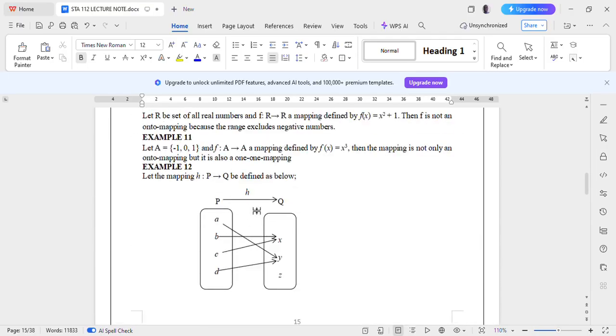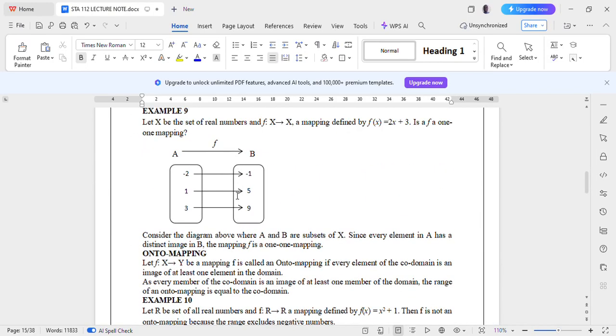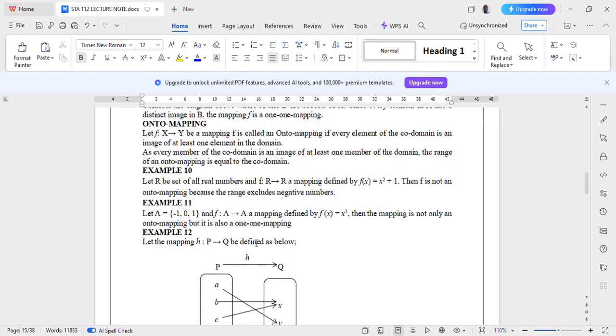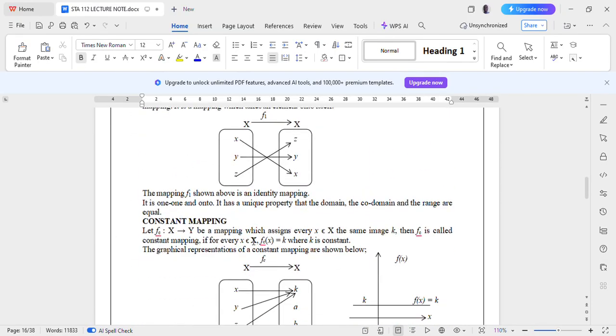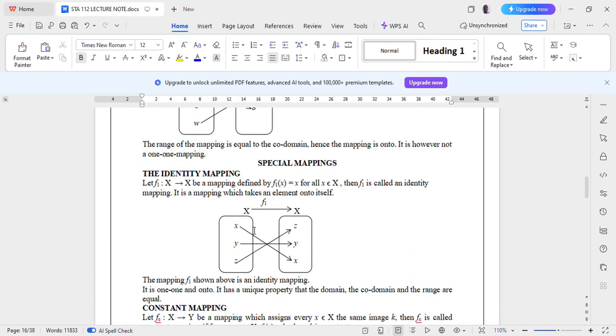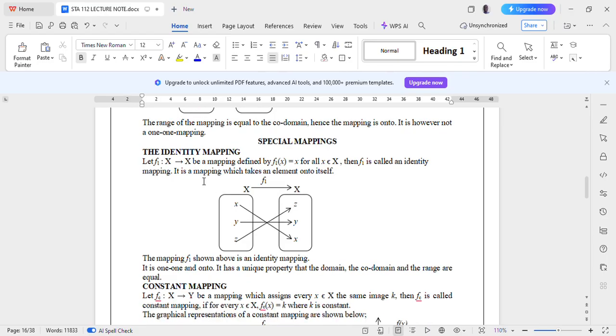This is an example of one-to-one. One element in the domain picks its own image in the codomain. Now the identity mapping. The identity mapping is the mapping which takes an element onto itself.